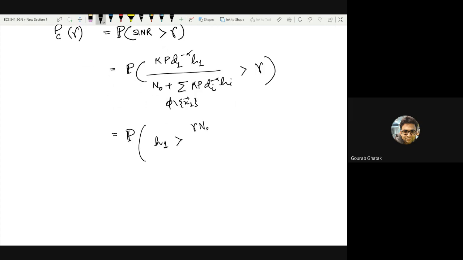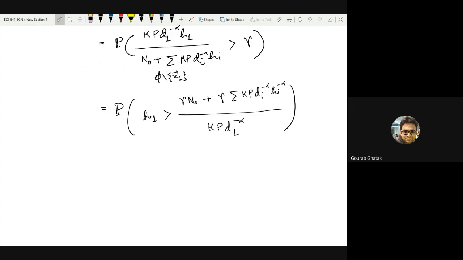So if you have h1 on this side, the stuff that goes into the numerator on the other side is K P Di to the minus alpha Hi by K P D1 to the minus alpha. Okay, so this step is simply an algebraic manipulation.